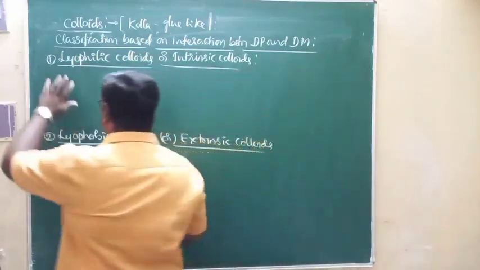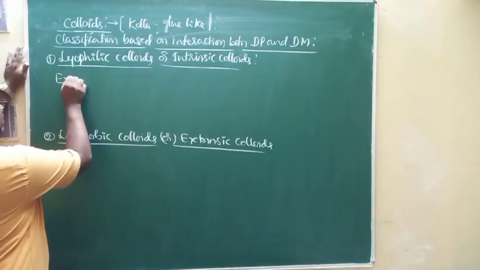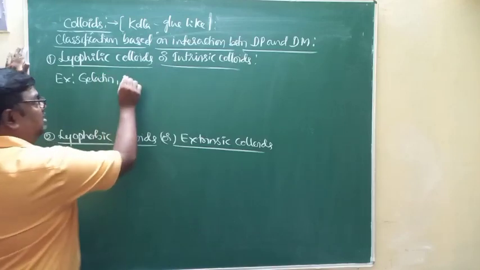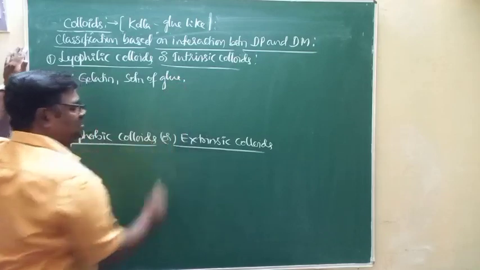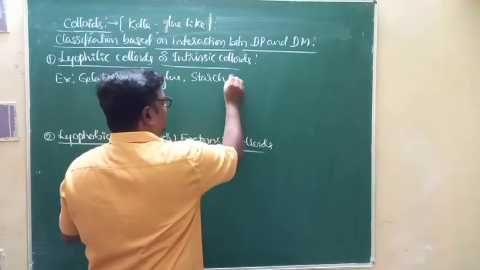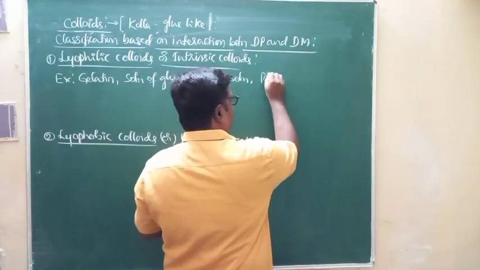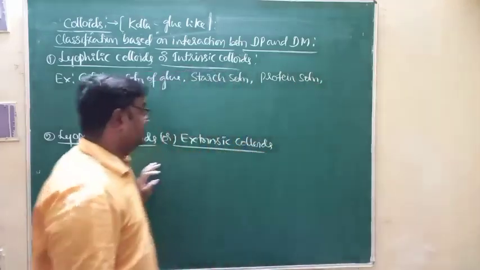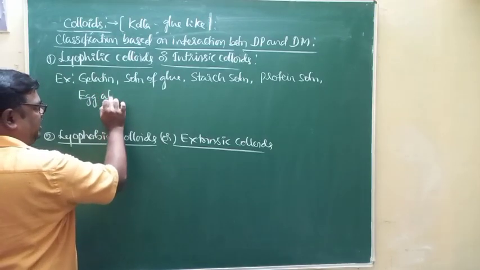As far as examples for the lyophilic colloids are concerned, it will be gelatin, solution of glue, starch solution, or you can say protein solutions in water, or egg albumin.